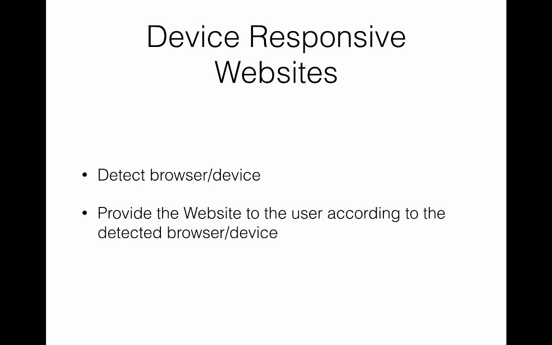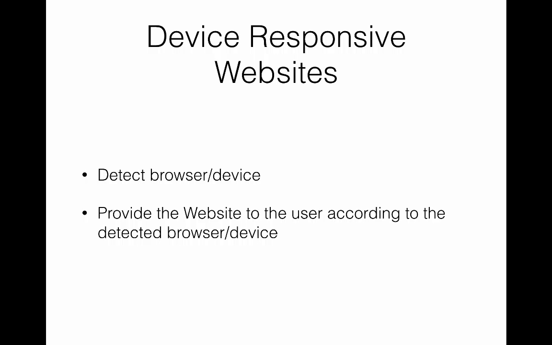You may have heard of this idea of responsive websites or device responsive websites, which are websites that would adapt to the client device. In other words, if the client is a browser running on a mobile device, the website shown will be different from if the website was viewed with a browser on a desktop device, for instance.